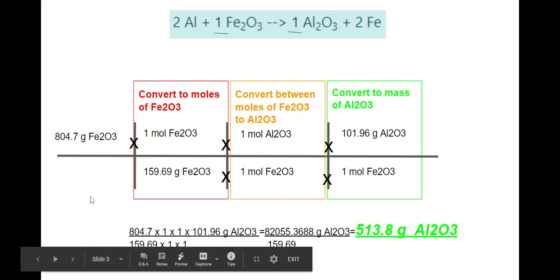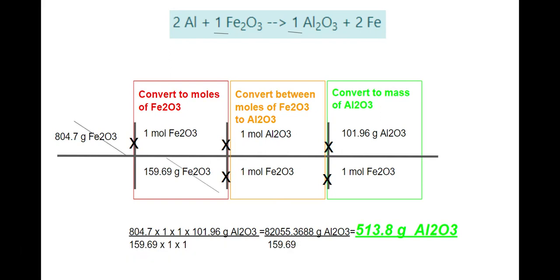As you can see, I've done that down at the bottom because really these are all going to cancel out. We've got, and this is a good way to check, grams of Fe2O3, moles of Fe2O3, moles of Al2O3. And we are left with something that doesn't cancel out, grams of Al2O3, which is what we're looking for.